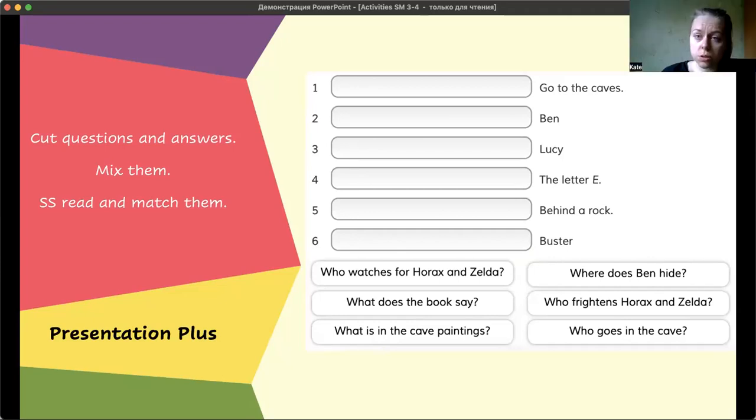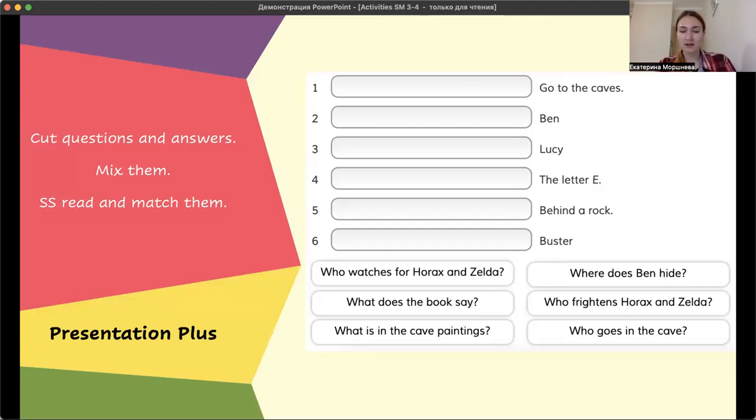Yes. Yeah, we need something to finish the story with. Actually, this is a good idea to use this Presentation Plus because it's much easier. And if we ask our students to write two more questions and answers from the story, and maybe don't show anybody their questions, but demonstrate their answers, maybe write on the board or write on a piece of paper and put on the desk.